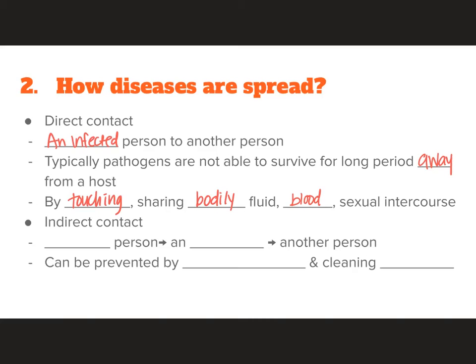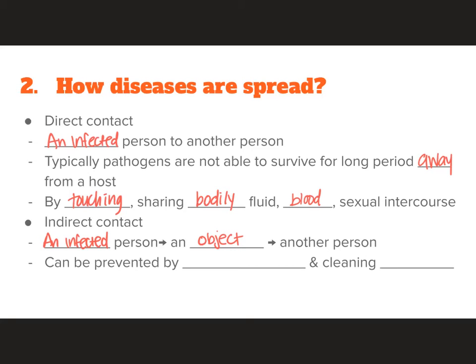Indirect contact means first you have an infected person, and then they transfer their pathogens onto an object. Later on, someone else comes and touches the surface, and let's say they rub their eyes, or they yawn and cover their mouth with their hands, and they transfer the pathogens.